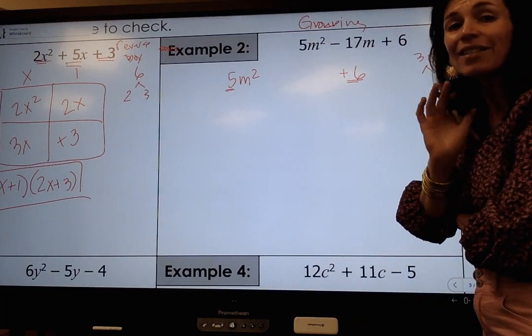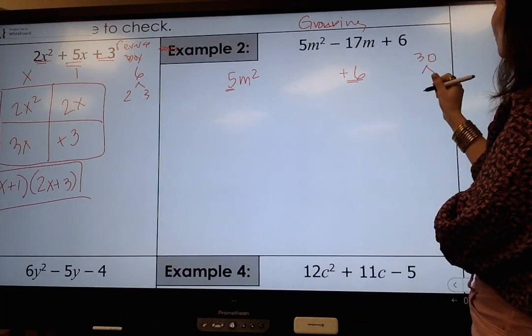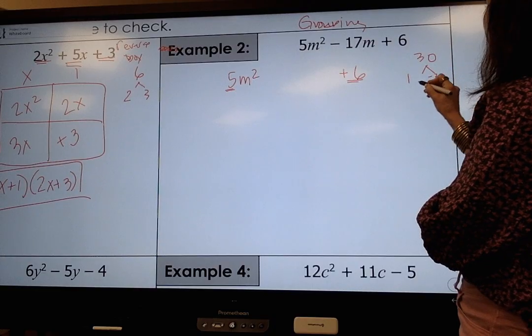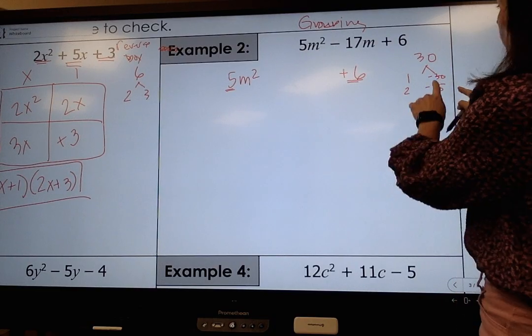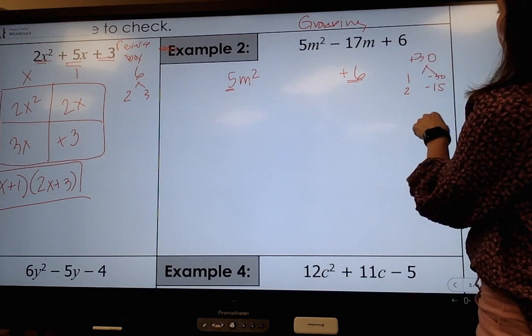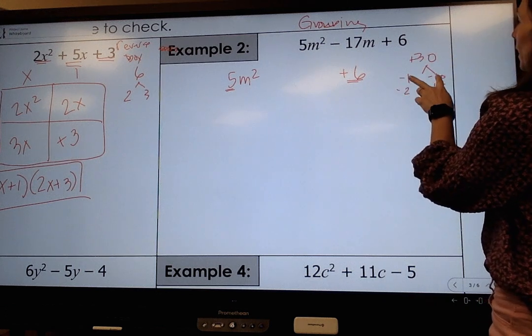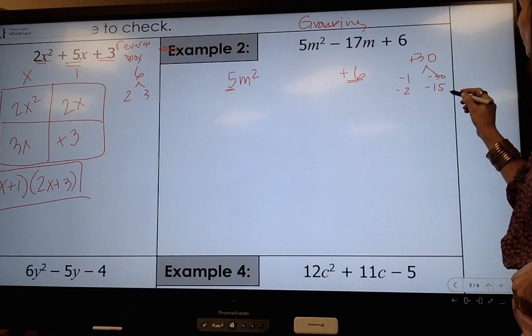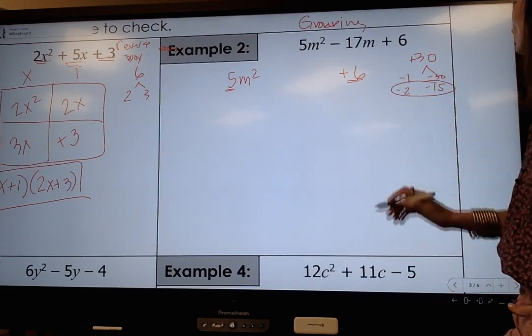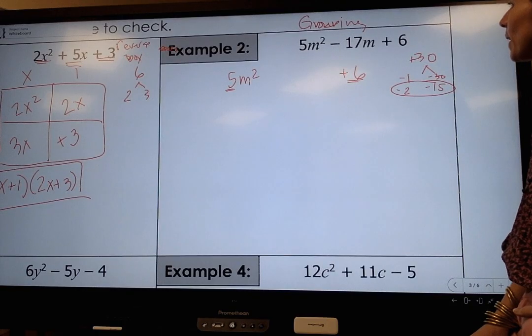If you can't think of those off the top of your head, just start writing them down. 1 and negative 30, 2 and negative 15, because only one of those can be, oh, nope, they both have to be negative. Two numbers multiply together to give me a positive 30 and combine together to give me a negative. So negative 2 and negative 15 are going to be my answers.